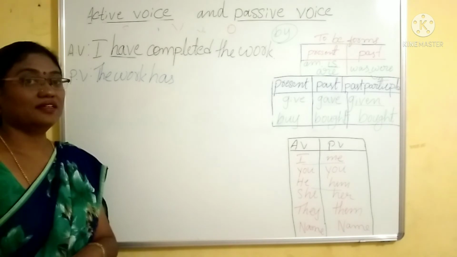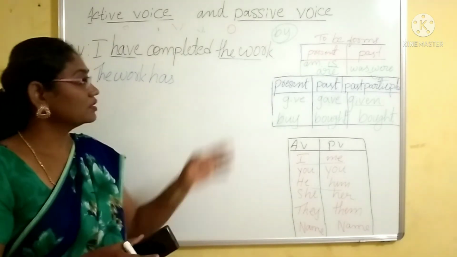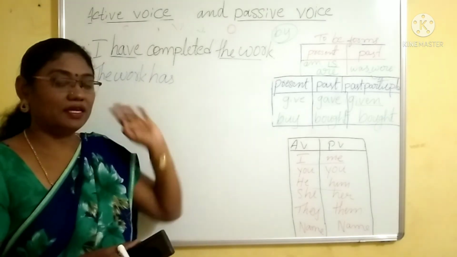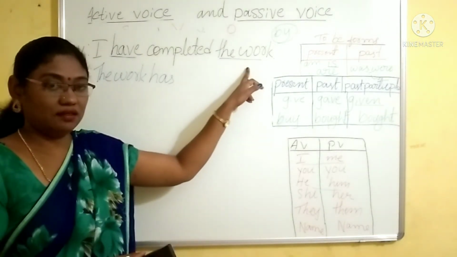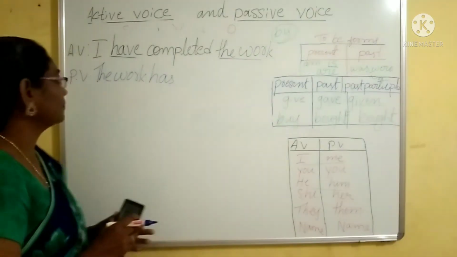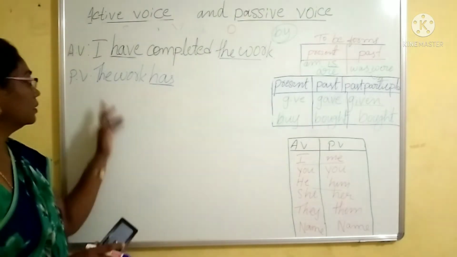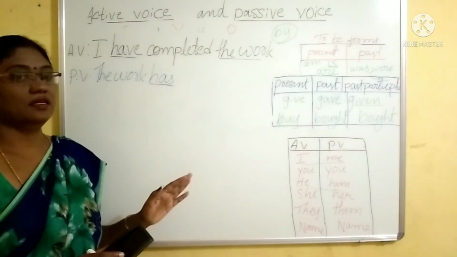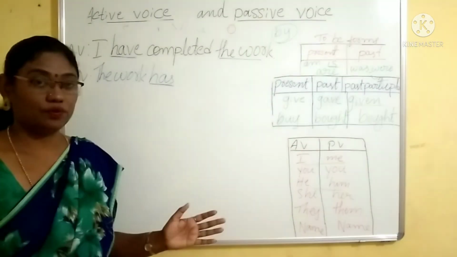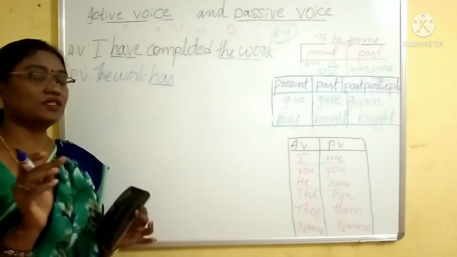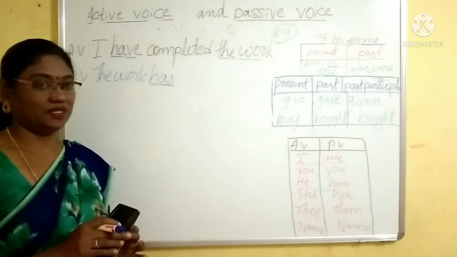It is a little bit tricky, you have to understand. The work here indicates singular. The object is singular, so we have to use has. The work has. We are not supposed to use the work have, and have is used for plural subjects.